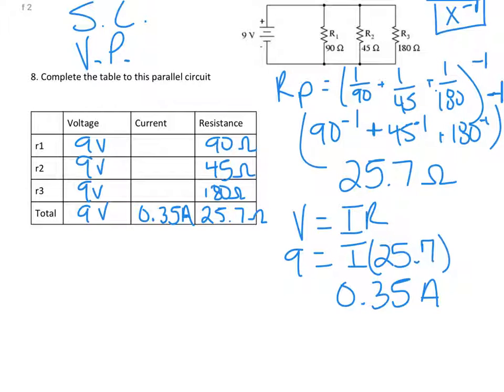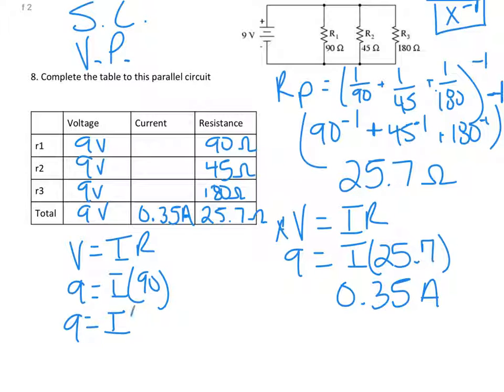And then we can solve for current would be the last thing, and we're going to use that Ohm's law formula again. So you'd plug in your 9 volts, solve for I, plug in each resistance. So 90, plug in your 45, and then plug in your 180, and these are all separate, of course.